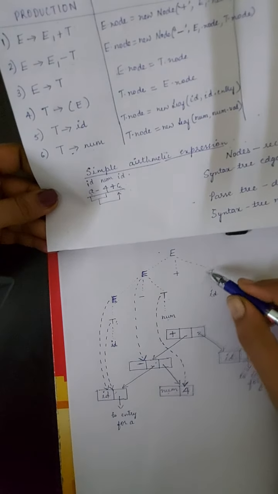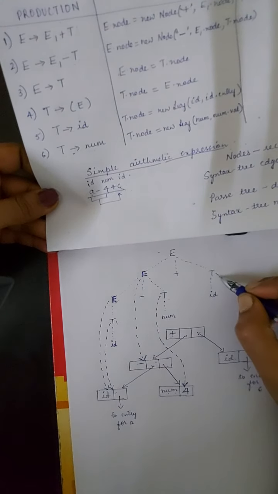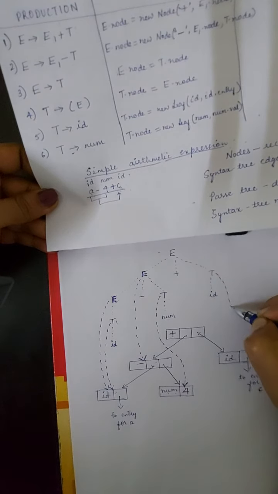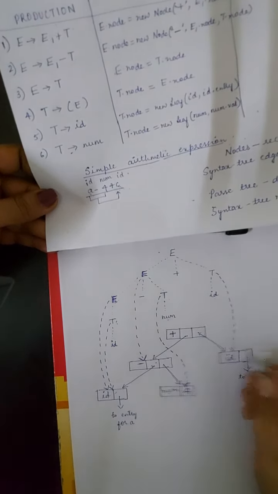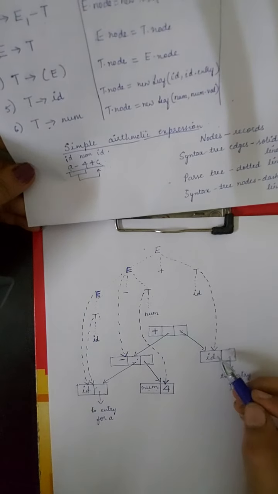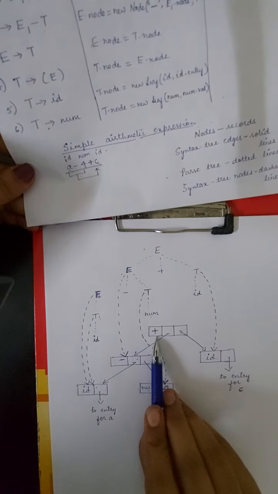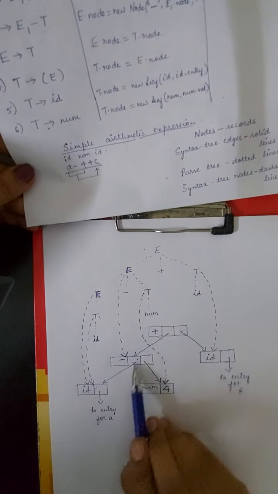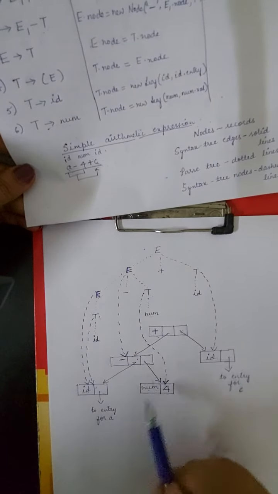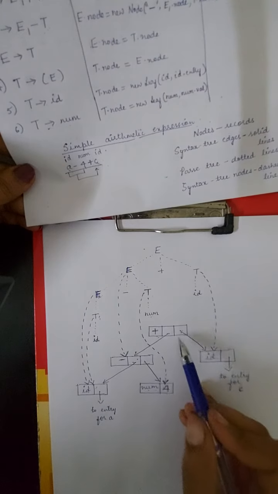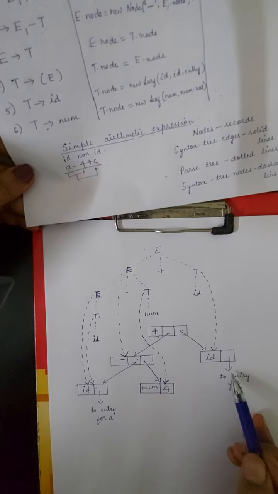Also, what is left? This T is left. This dashed line represents the syntax tree node which is pointing to this ID, this object. Okay. In the same way, what is this object having? It has the value of this what? ID minus 4 plus ID. Okay.